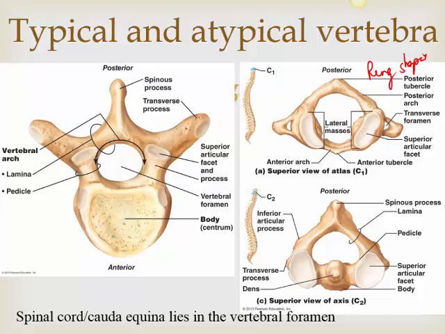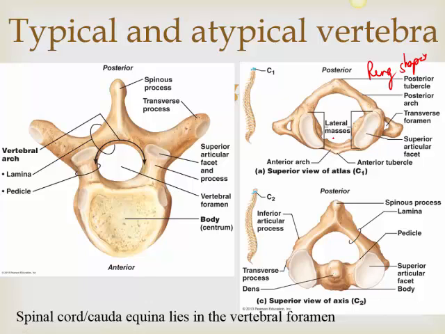In fact, what happened during development is that its body almost dropped down. That's one way of expressing it. Its body dropped down and fused with the body of the second cervical vertebra, which is called the axis.